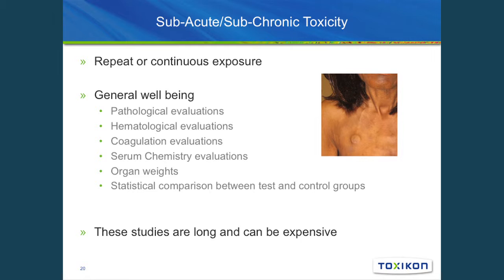Continuing with the systemic toxicity testing, we talked about acute exposures. Well, what about the people that have a device that's used repeatedly? We talked about our inhalers. There are other devices with that repeat or continuous exposure. Now we want to look at subacute, which is a misnomer, or subchronic systemic toxicity.